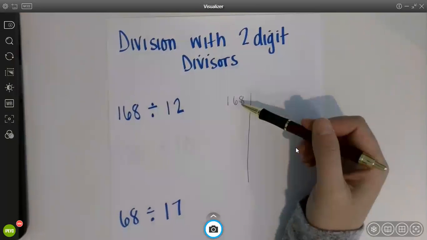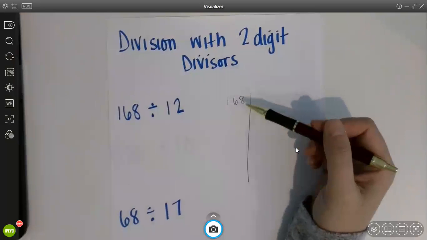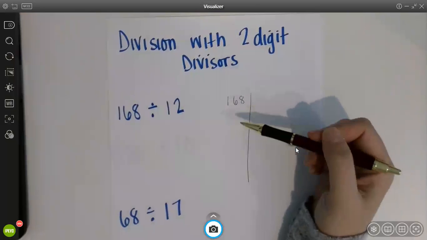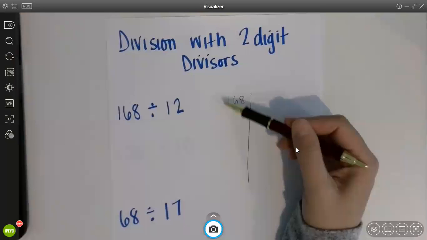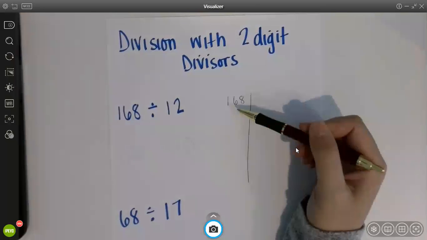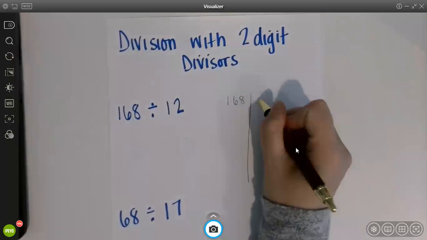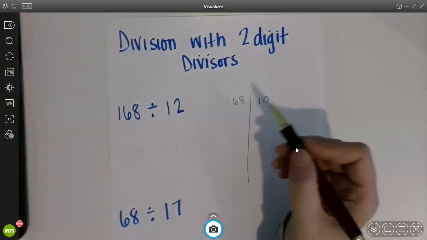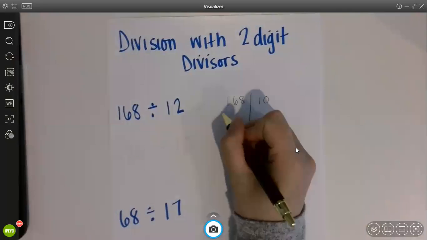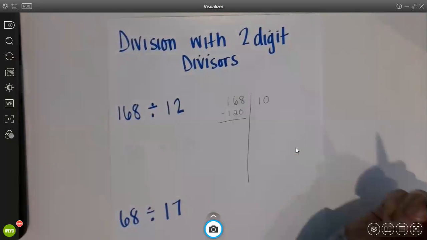It's always easy to start with an easy number like 10, if you can. I know that 10 times 12 makes 120, which is less than this, so I could start there. So over here, I'm going to write 10 because I'm going to be using 10 12s. And since 10 times 12 is 120, I'm going to subtract 120 and see where that gets me.